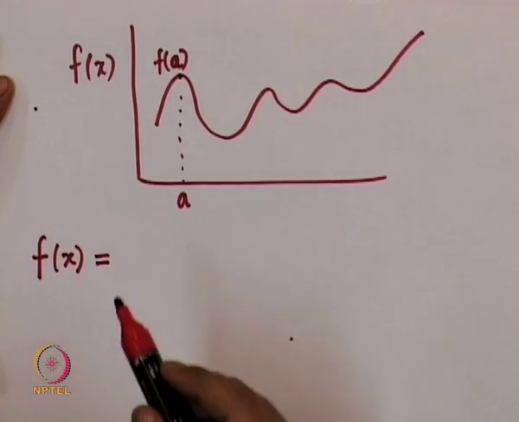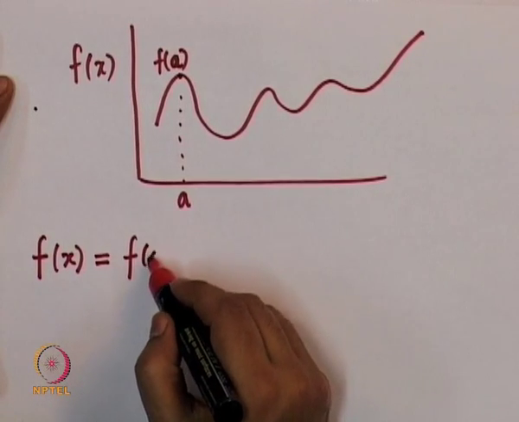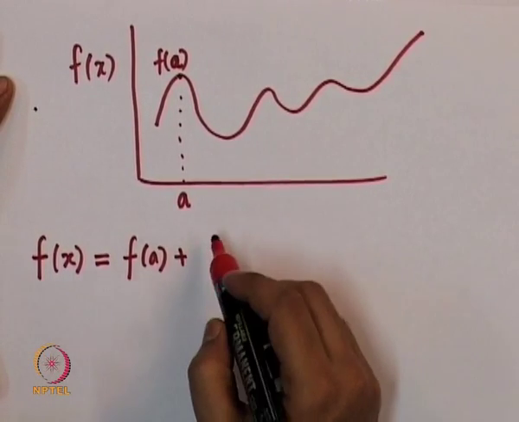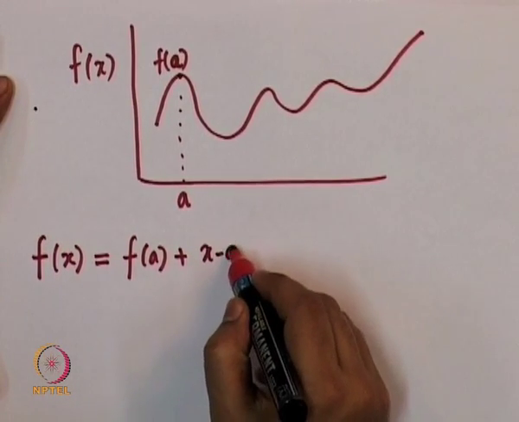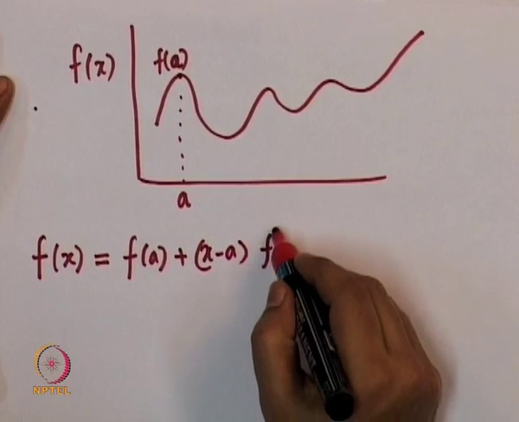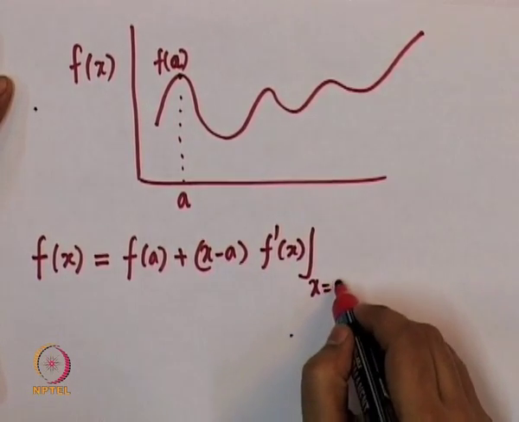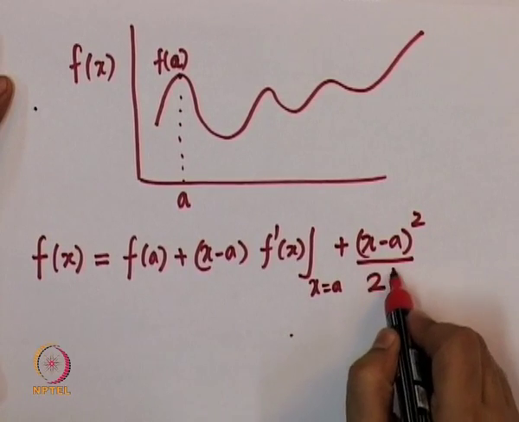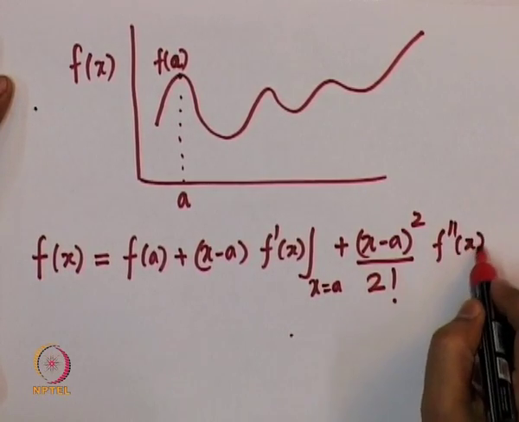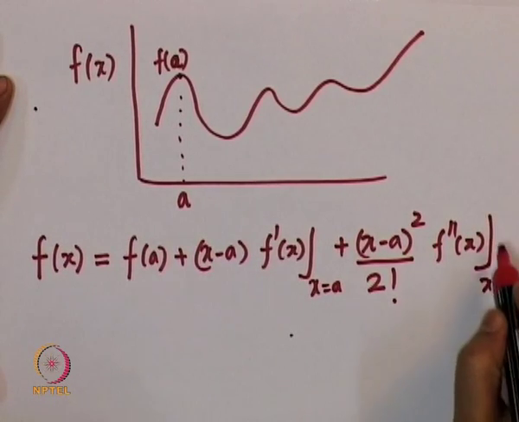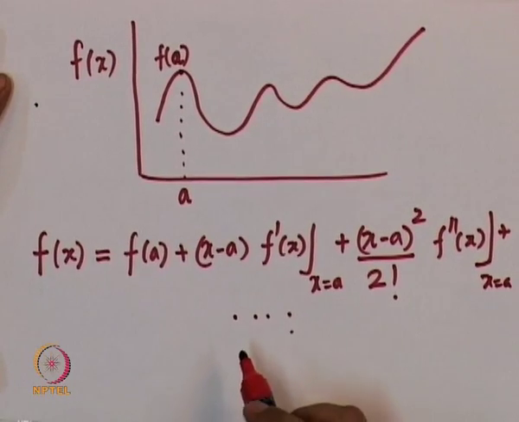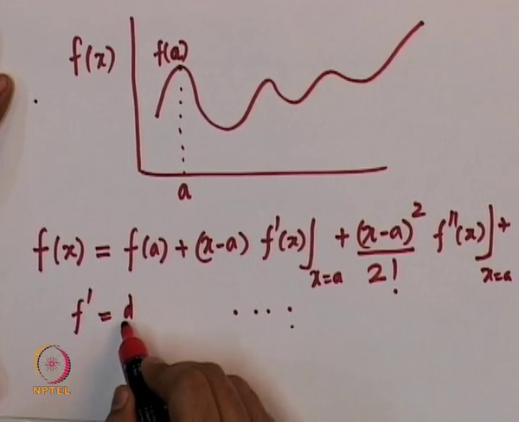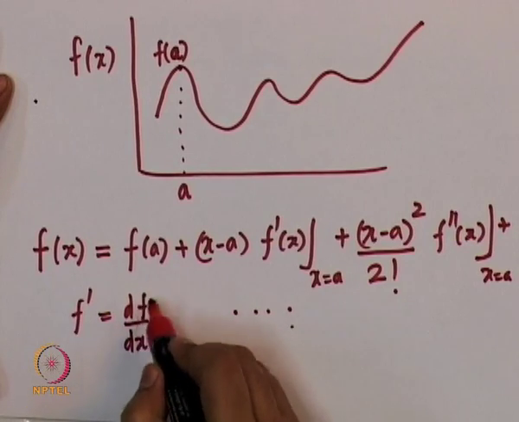So, that is nothing but f of A plus x minus A multiplying f prime of x evaluated at x equal to A plus x minus A whole squared divided by 2 factorial f double prime of x evaluated at x equal to A plus and so on, and where f prime of x is nothing but d by dx of f.